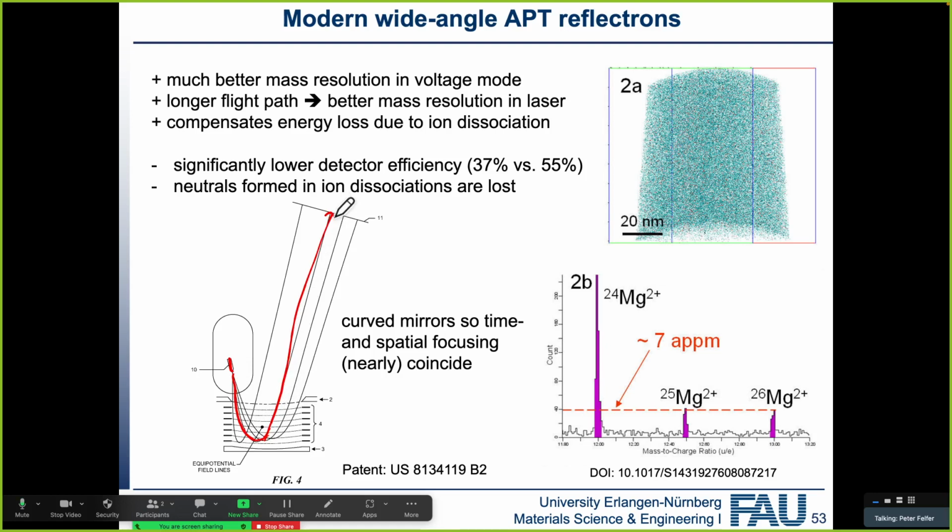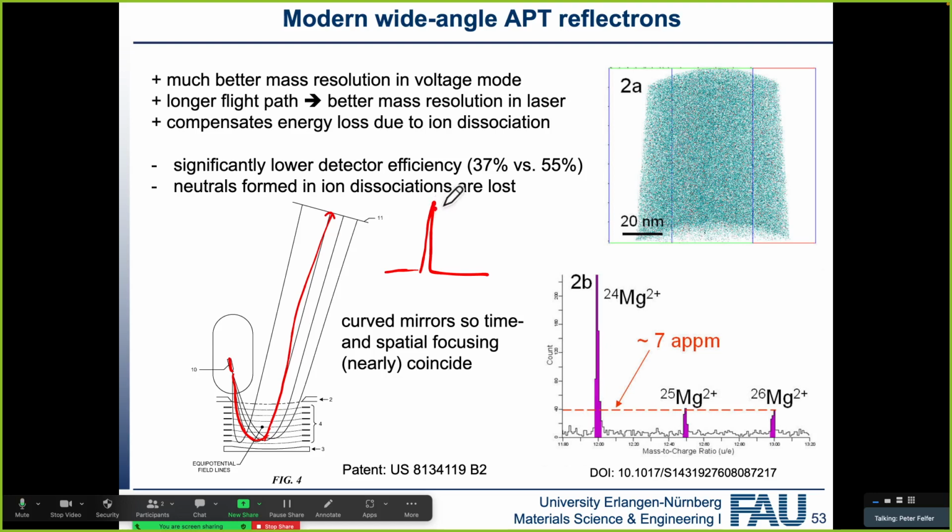And if you do that in a smart way, then you can compensate for energy differences in your ions. And the energy differences come essentially from the fact that if you use a voltage pulse, then some ions might come off at the beginning of the voltage pulse and some a little bit later. And so they might have a little bit of an energy difference.